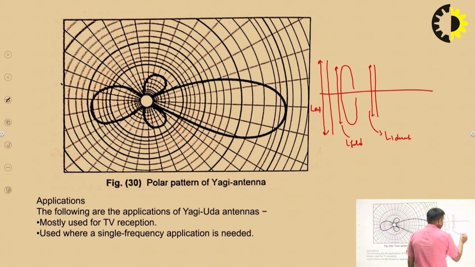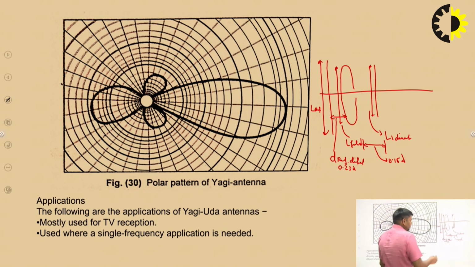The spacing between the reflector and the dipole is 0.23 lambda, and the distance between the dipole and the first director is 0.15 lambda. We calculate lambda in meters and convert it into feet, and we also calculate the length of the reflector in feet by using the formula 492 upon f.